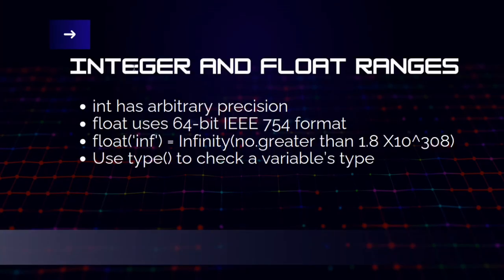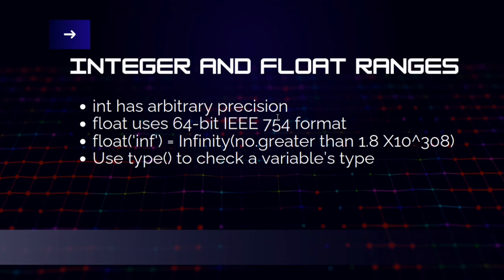The range of integer and float data types. Int has arbitrary precision. Hence, we can create as big integers as we want. Floats are represented internally in binary as 64-bit double precision values, as per the IEEE 754 standard.